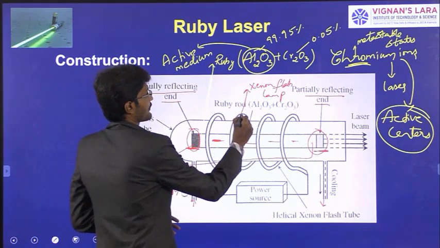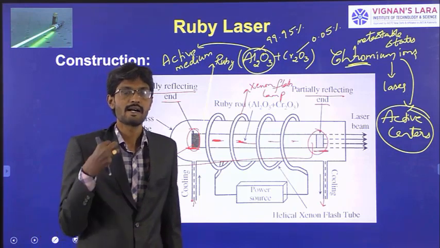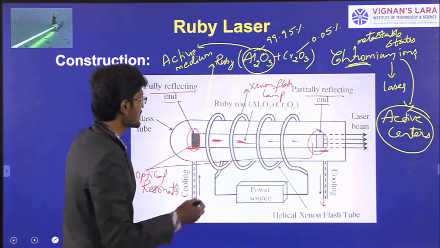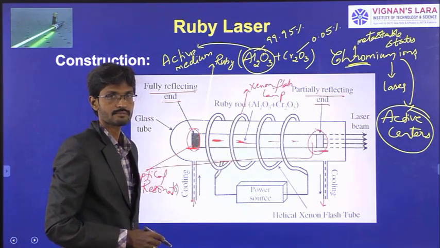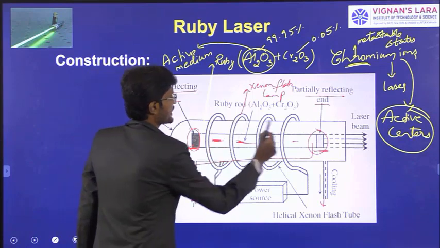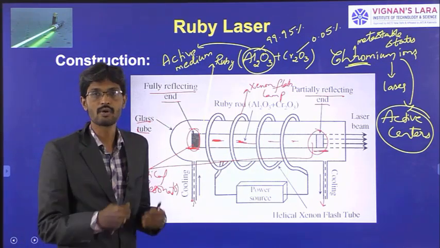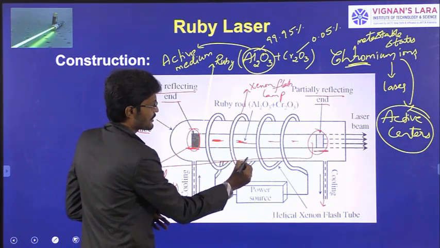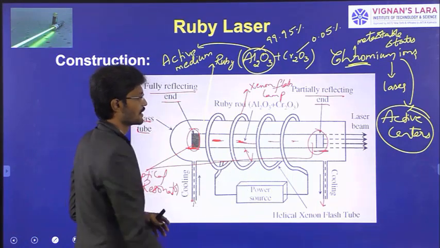The xenon flash lamp will produce high energy light flashes, and these flashes are incident on the ruby rod. The inner surface of this glass tube is coated in such a way that the light incident on the walls also reflects from these walls and is incident on the ruby rod.